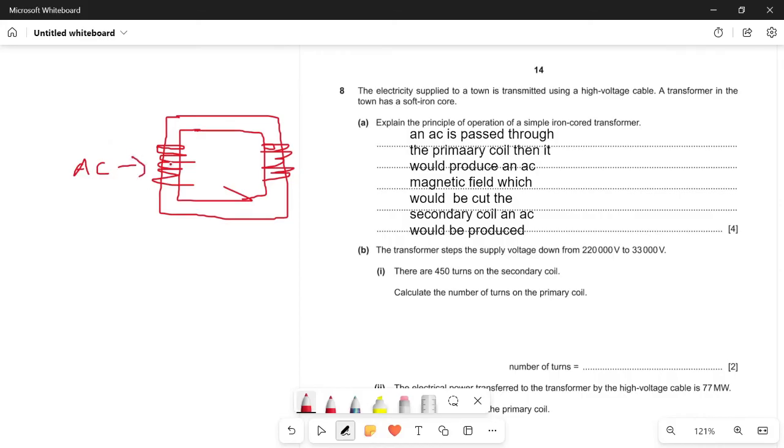So the AC current would produce an alternating magnetic field in the iron core. The AC magnetic field would be cut by the secondary coil. And when a magnetic field is cut by a secondary coil, a current is induced. So over here, there is an AC current which would be induced. So there's going to be an AC output. So this is a basic working principle of a transformer.